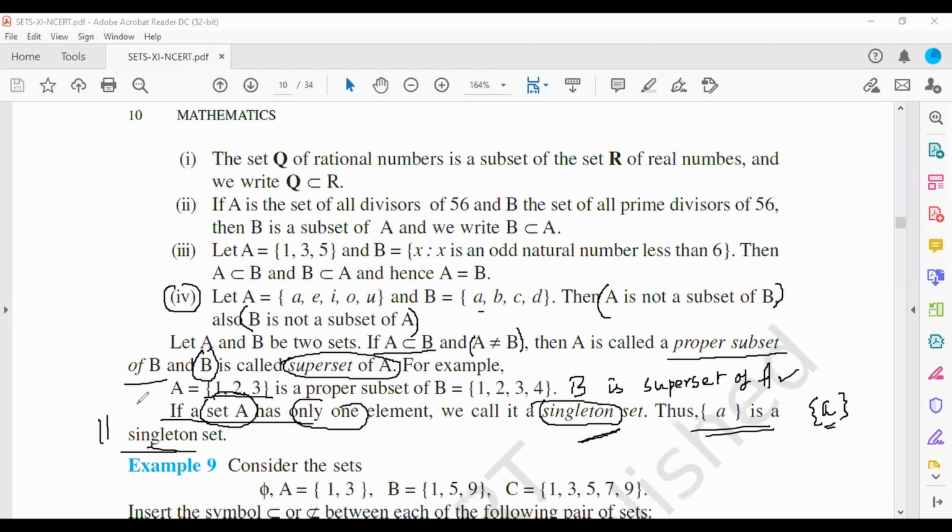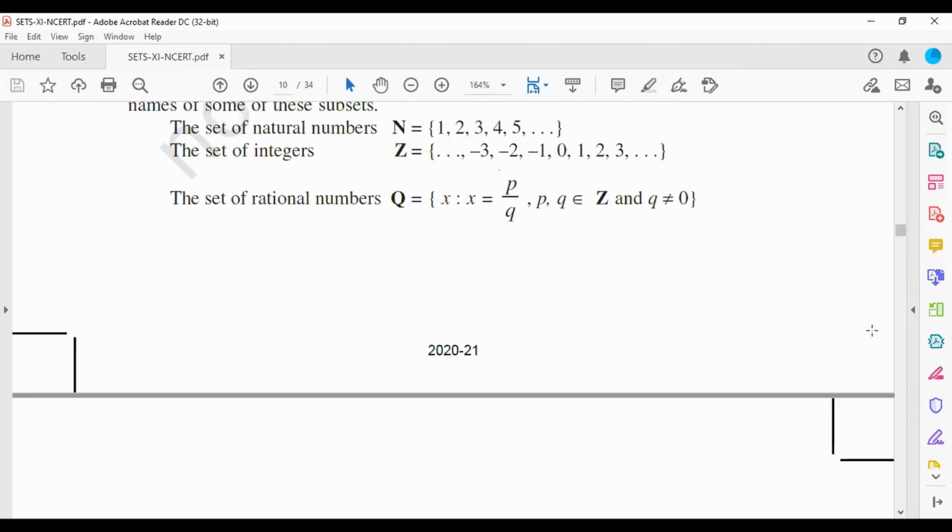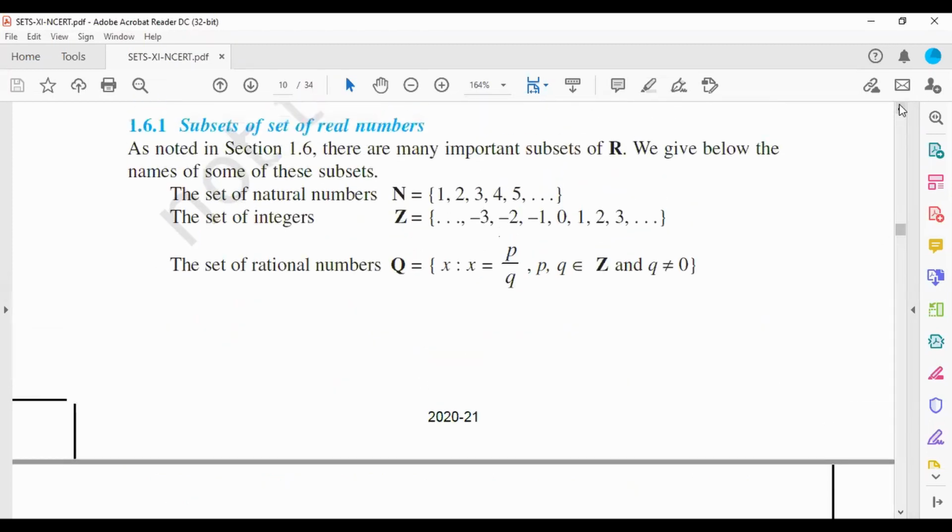So the topic is still proper subset and superset. Let me write down, in number systems, subsets of the set of real numbers.